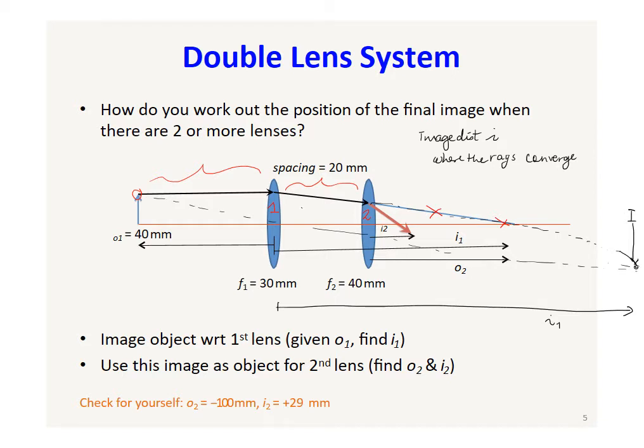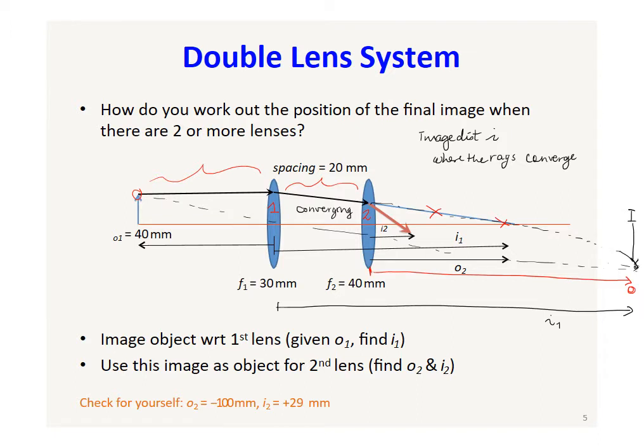And we do have converging rays arriving at lens number 2. Lens number 2 sees them converging and behaving as though they're going to cross some distance over here. So what we can do then is measure the distance from the second lens out to where the image would be, and we will call this real image now an object.